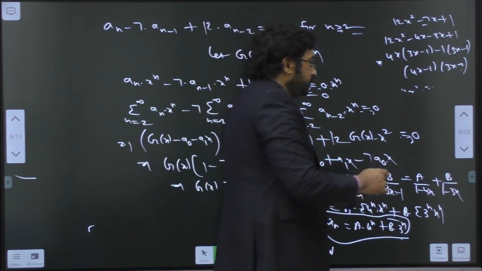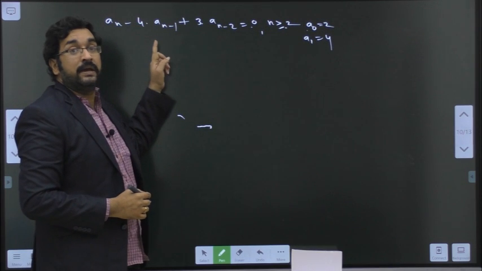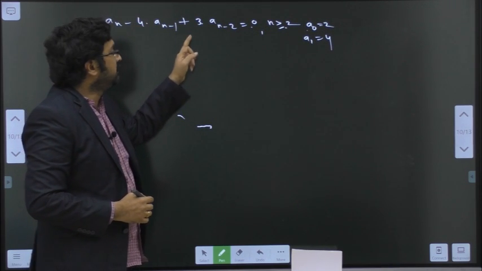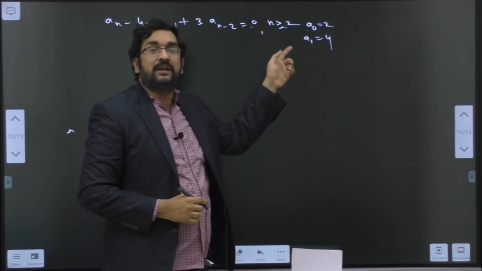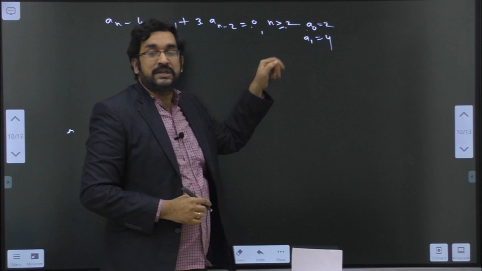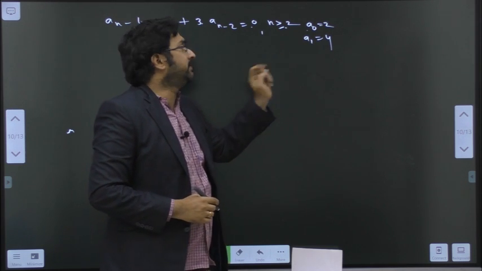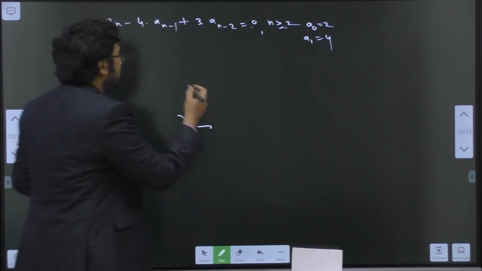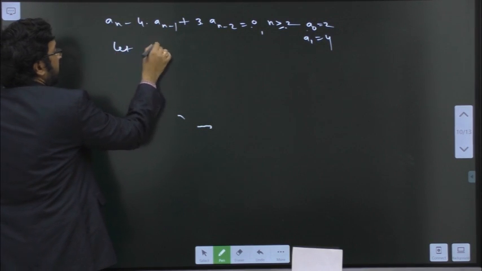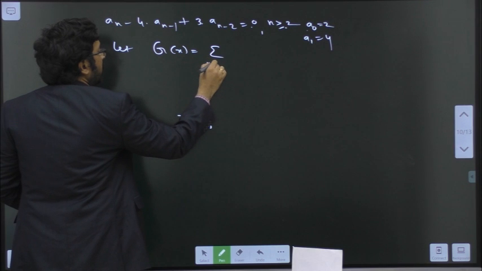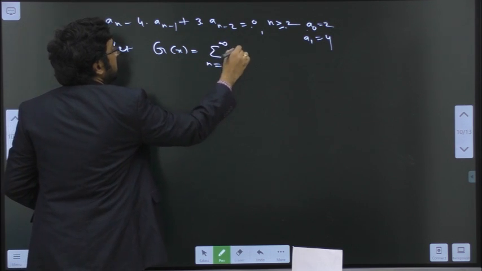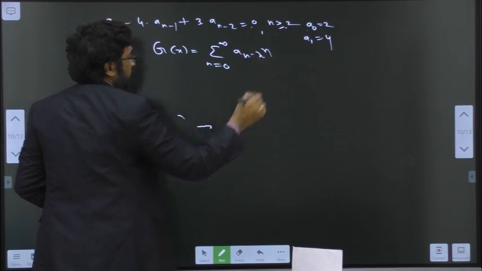Now one more example. Solve a n minus 4 into a n minus 1 plus 3 into a n minus 2 equal to 0 for n greater than or equal to 2 with initial conditions a naught equal to 2 and a1 equal to 4. So as similar to every problem, let g of x equal sigma n equal to 0 to infinity a n into x power n.